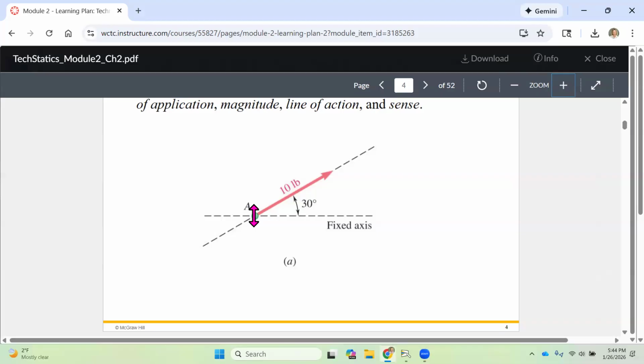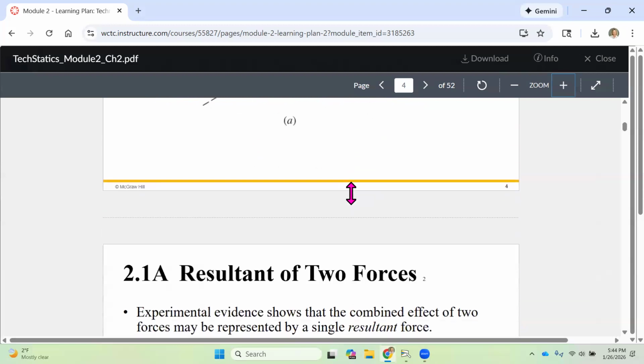And the label was there, the line was there, but the arrowhead wasn't. So if I have, for instance, a horizontal or a vertical line, and I need to know which direction it's going in, unfortunately, if I just have a line without an arrowhead, I don't know if it's going up, down, left, or right, or in this case, up and to the right or down and to the left. So it is really important to make sure that all forces are represented with a vector.